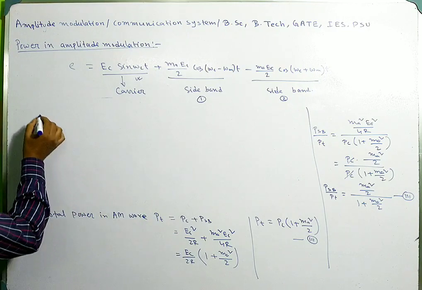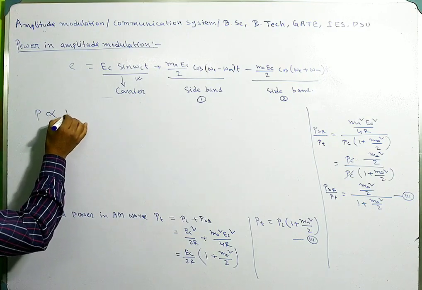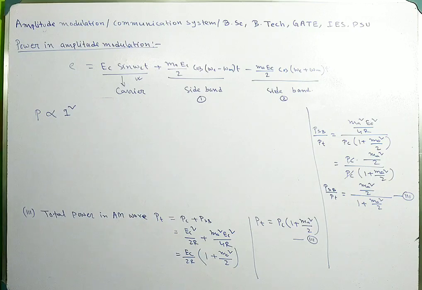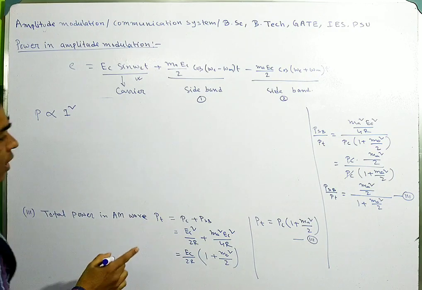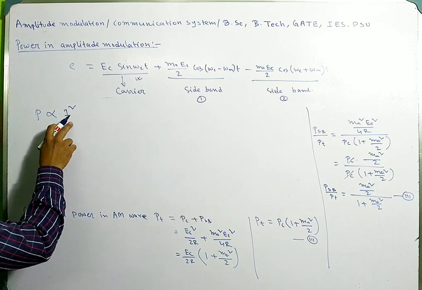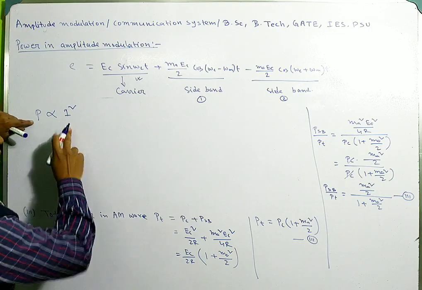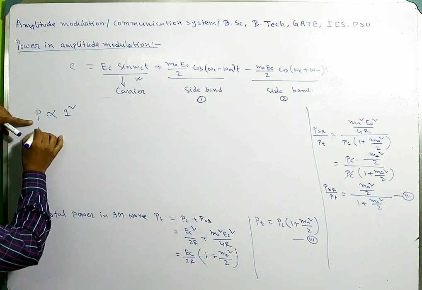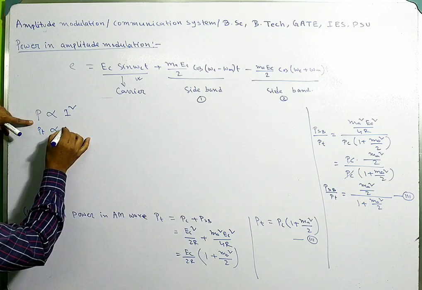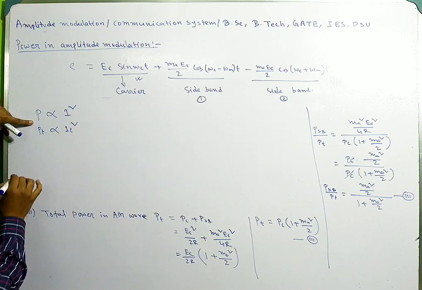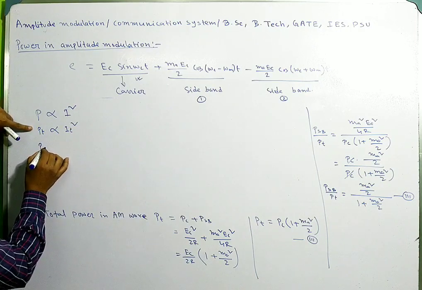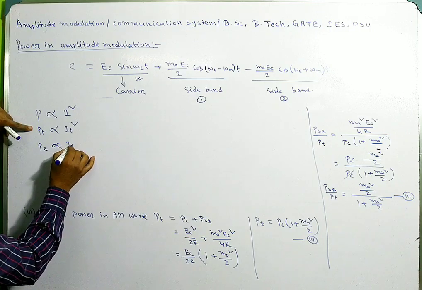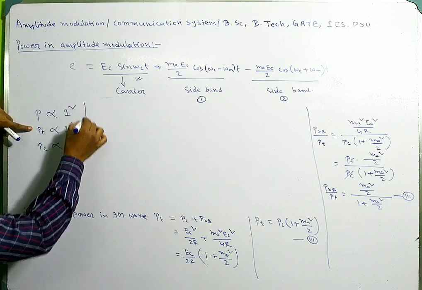We know that power is proportional to I squared. So PT is proportional to IT squared, and Pc is proportional to carrier current squared.